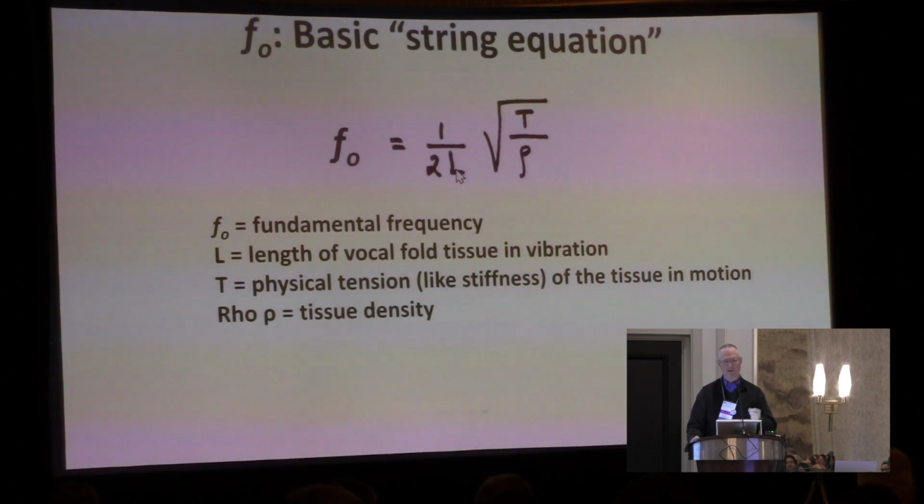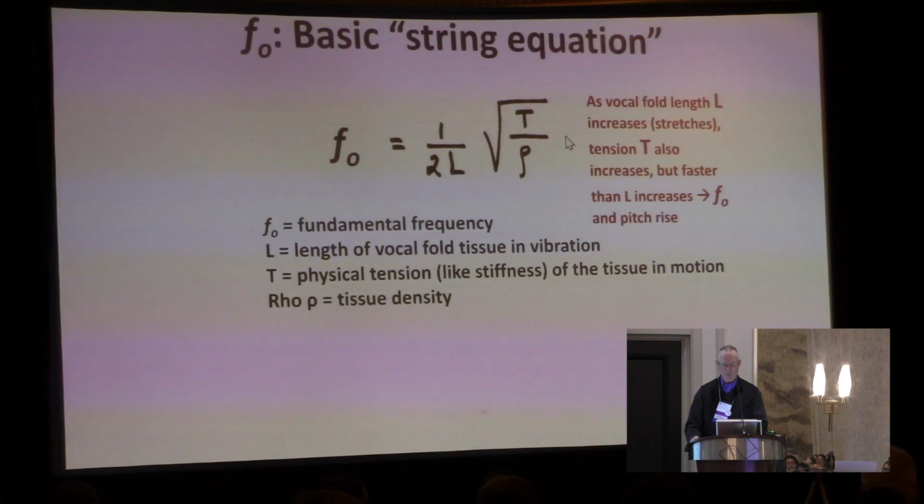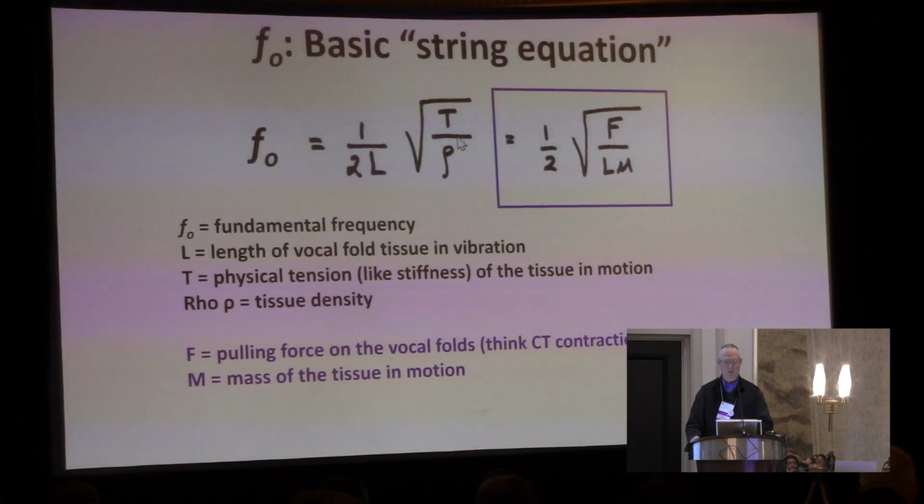The length might increase 10, 20, 25%, but the tension will increase much, much more. And many of you will know this as the dreaded square root, even when that's present. What's really cool is when you trade off the tension for another expression, you can get this expression, which is very important clinically to me.